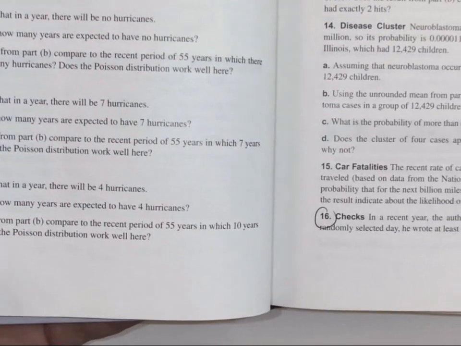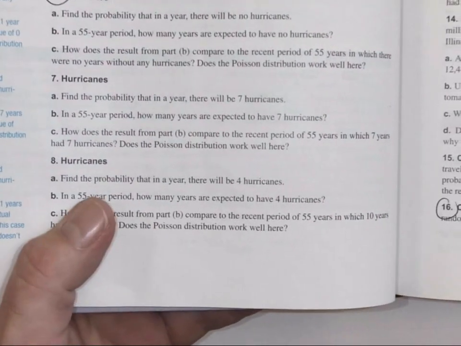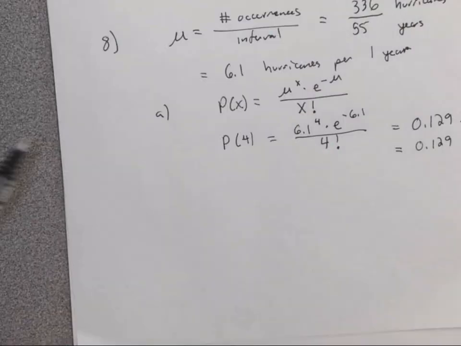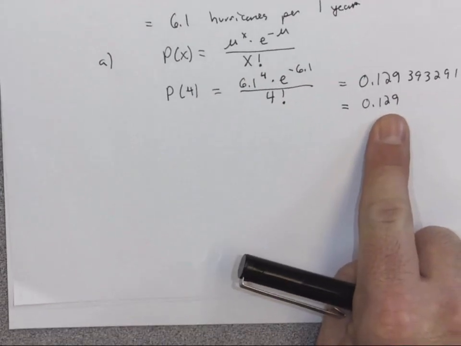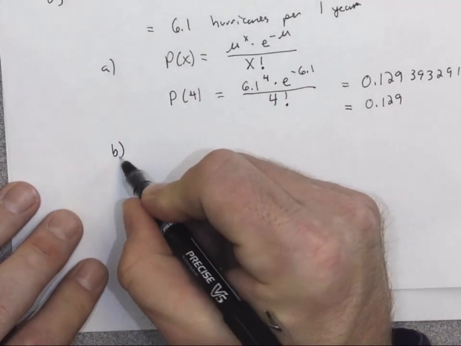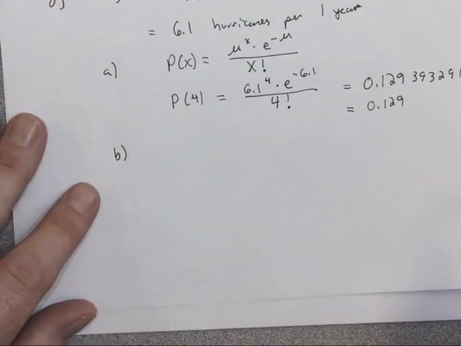So now it says, in a 55-year period, how many years are expected to have 4 hurricanes? So that's part B. Remember, this is the probability of 4 hurricanes happening in a single year. So if you want to know how it's going to happen over 55 years, you just take this number and multiply it by 55.